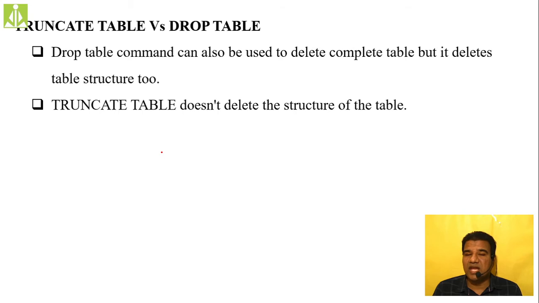Whereas truncate will not delete the structure. The structure will remain, and only the internal rows will get deleted. Remember this. Truncate will simply make your table an empty table. It will not delete the complete table.